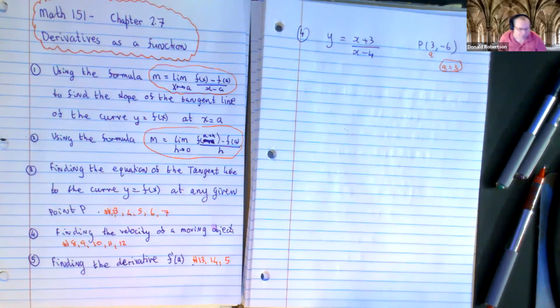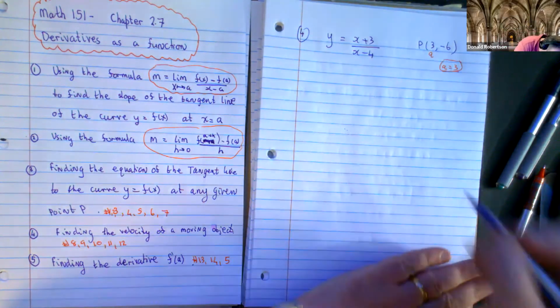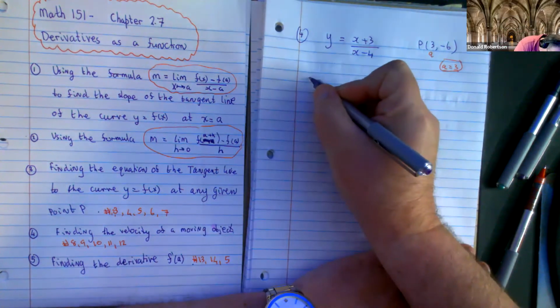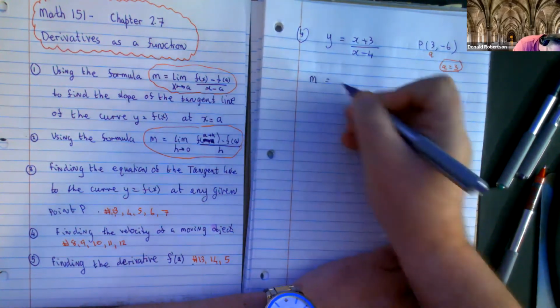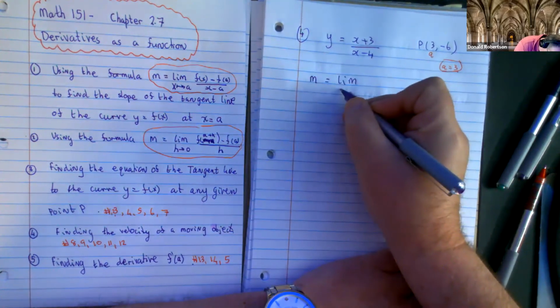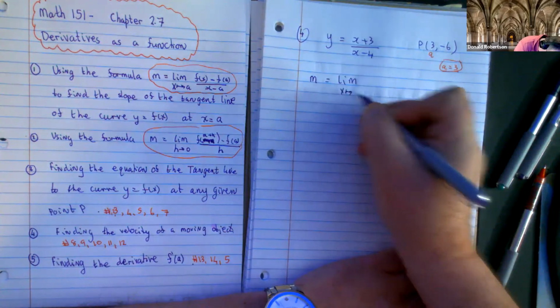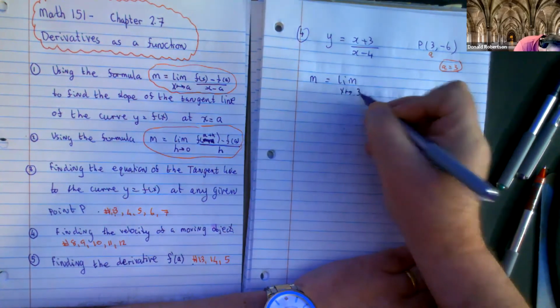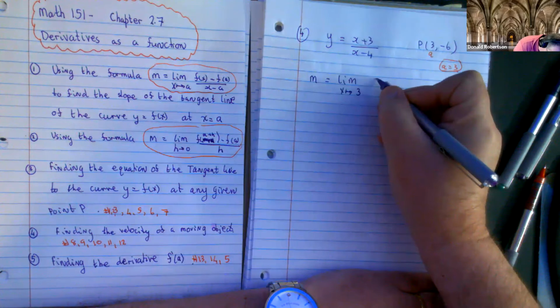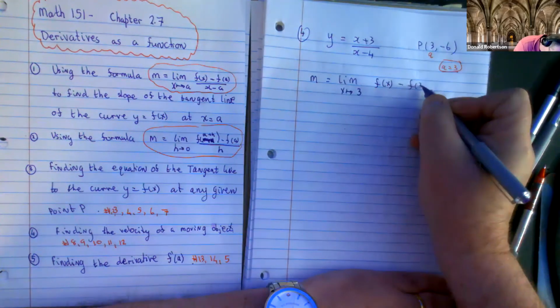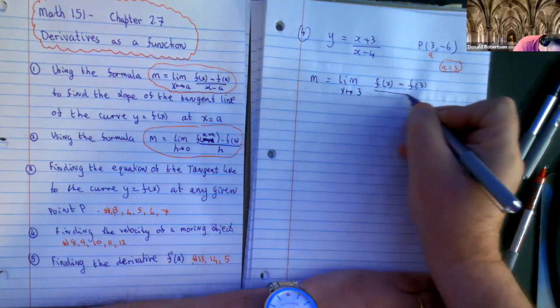Top. Okay, so we are going to find the slope of the tangent line by finding the limit as x tends to a, which becomes x tends to 3, of the value of the function at x, take away the value of the function at 3, all over x minus 3.